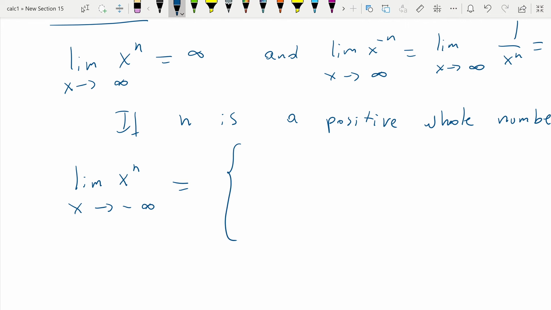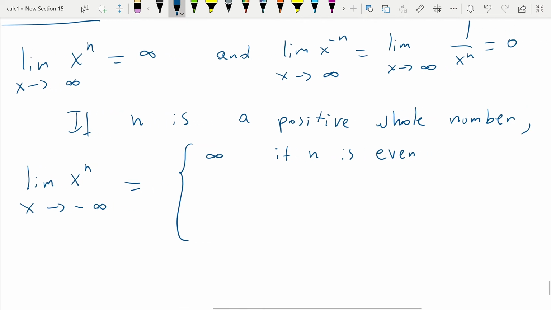And two things can happen depending on whether n is even or odd. So it goes to plus infinity if n is even. Then the most basic example that comes to mind is when n is equal to 2, so you have x squared. No matter whether you go to the right or to the left, x squared goes to infinity.